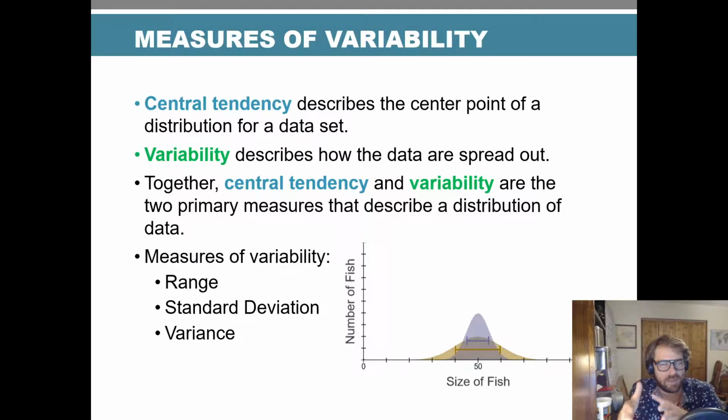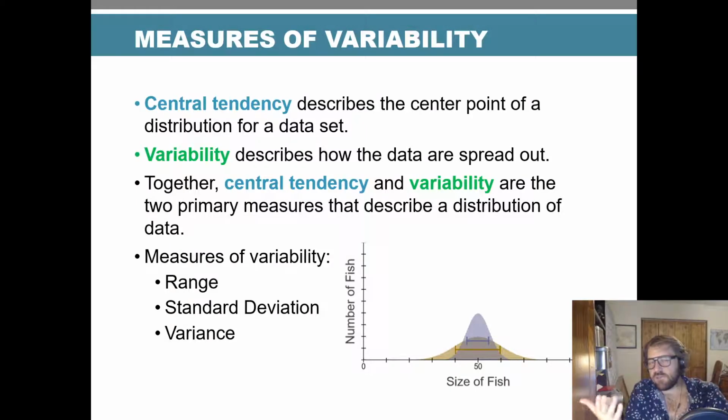It's more unlikely for them to get really large tuna or really small tuna. Now the brown boat down there, they have a much larger distribution. There's more variability. The data are more spread out. It's more likely for them to pull larger tuna. It's more likely for them to pull smaller tuna.